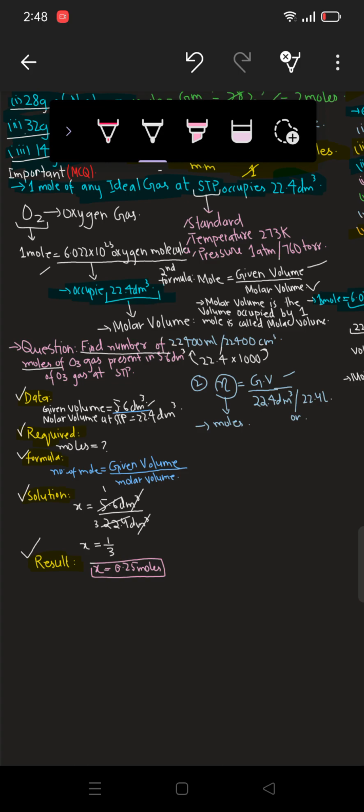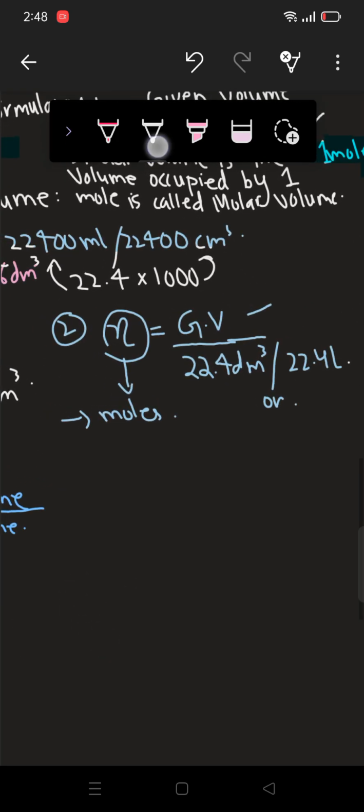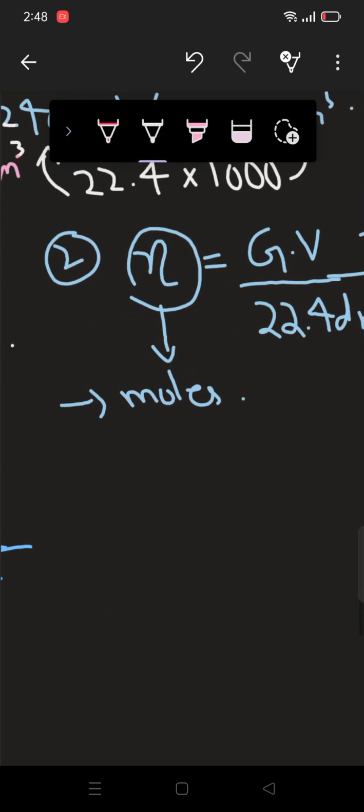Now let's go solve another question for today, and that would be the last question, of course, for finding the number of moles by using given volume per molar volume, right?